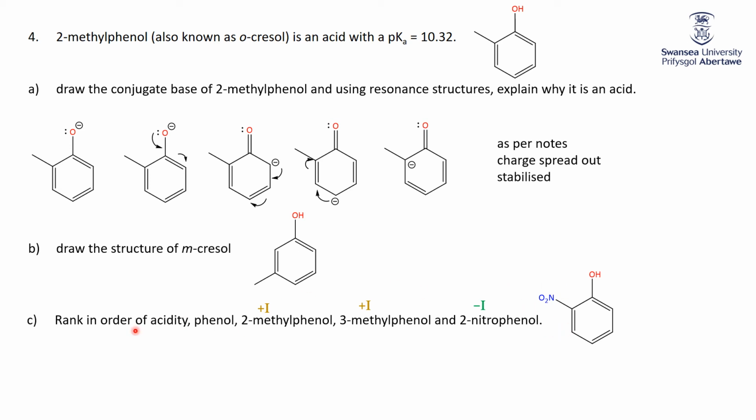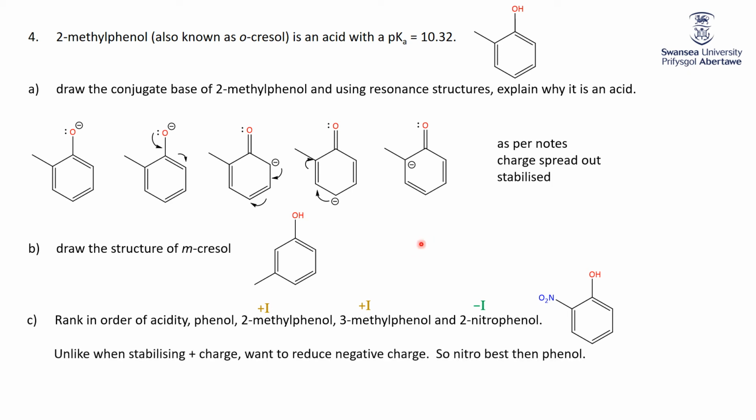Now, seen as how in terms of acidity we're putting an extra electron into the ring, the more that we can share that electron density, the more that we can spread it out, the better the conjugate base, the more stable the conjugate base.